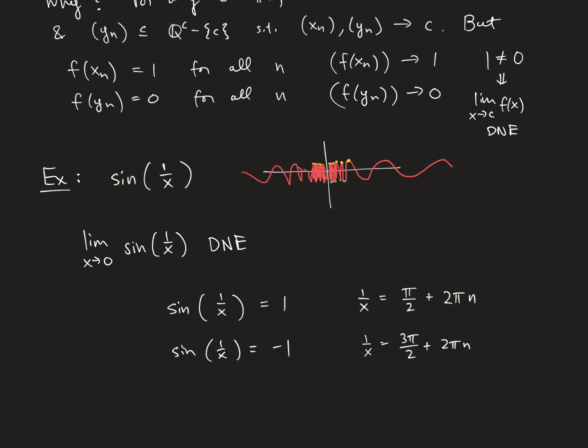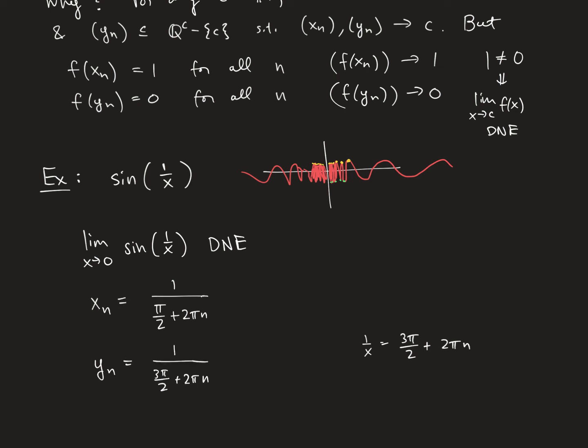So let's consider xn to be 1 over pi over 2 plus 2 pi n, and yn to be 1 over 3 pi over 2 plus 2 pi n.